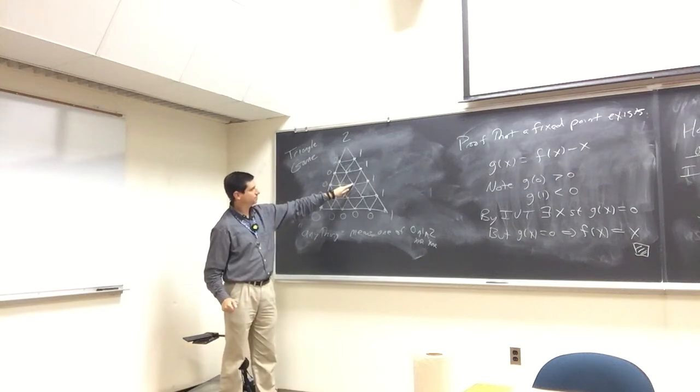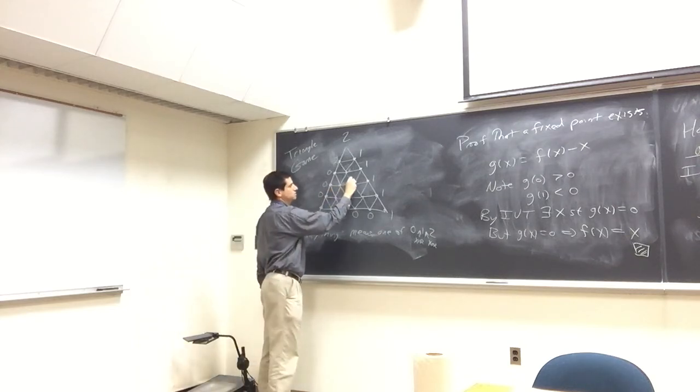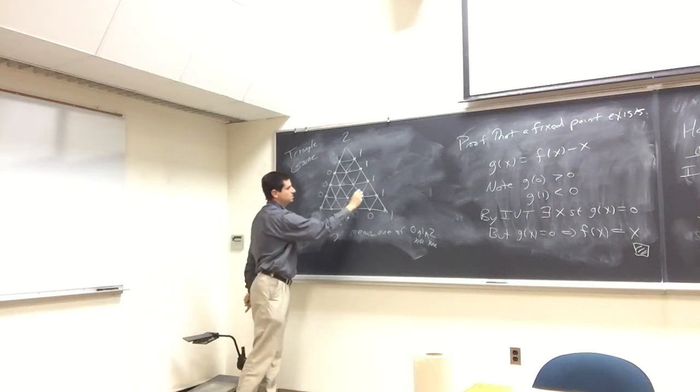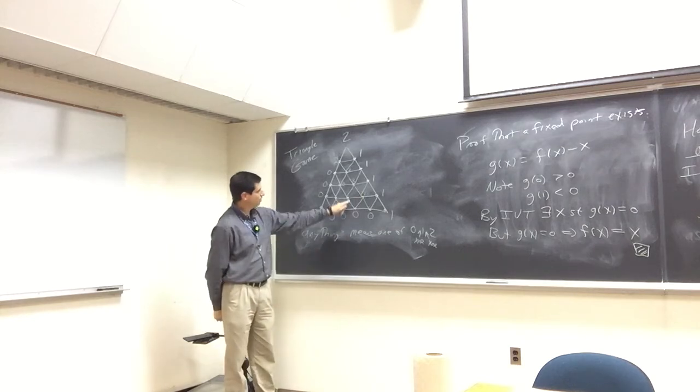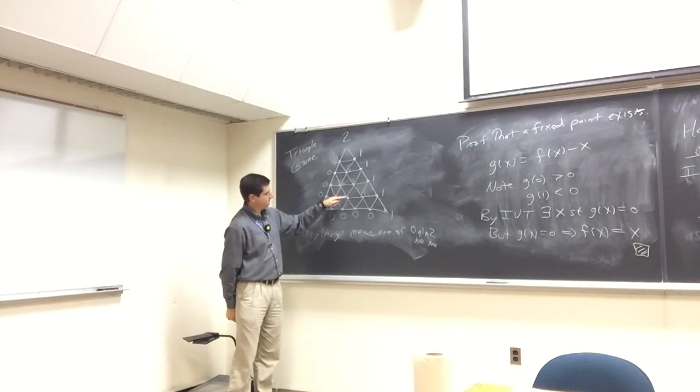What do you want over here? 2. Okay. What do we want down here? 1. All right. What do we want over here? It can't be a 2 where we have a 0, 1, 2.